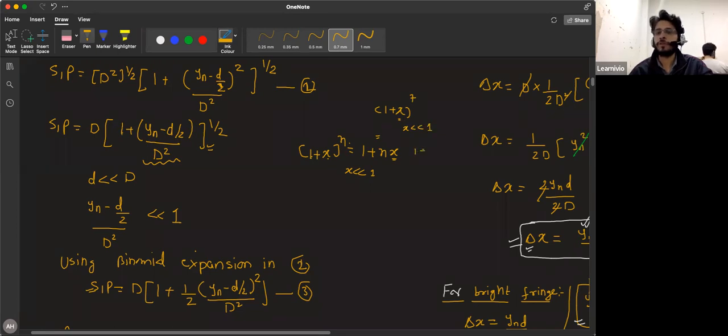Then the first term will be 1, then the next term will be 7x. You have higher powers of x also, but since x is very, very less than 1, those higher powers can be ignored. So we take the first two terms only. So 1 plus x to the power n is 1 plus nx. Like if I ask you to square 1 plus x, it will be 1 plus 2x. The higher powers are very small, since x square will be very, very small. You can ignore it. That's why we are left with the first two terms only.